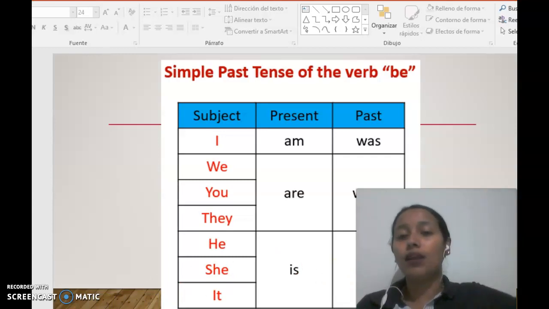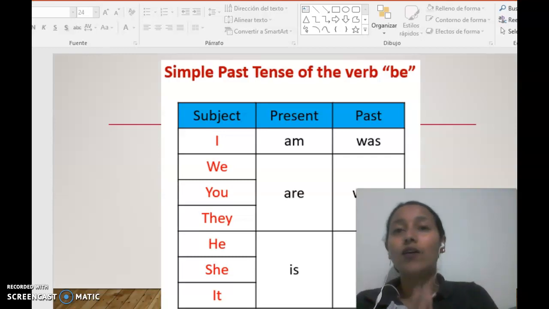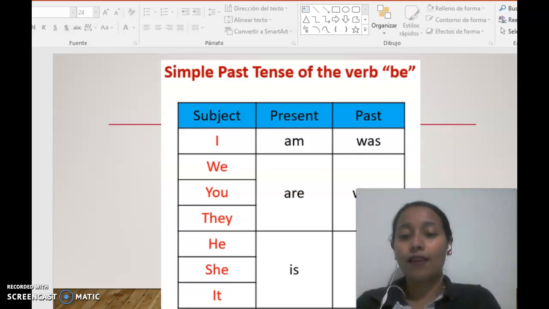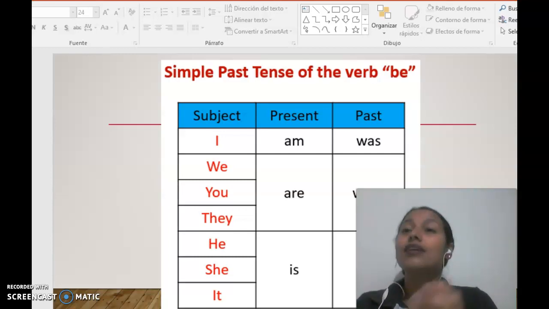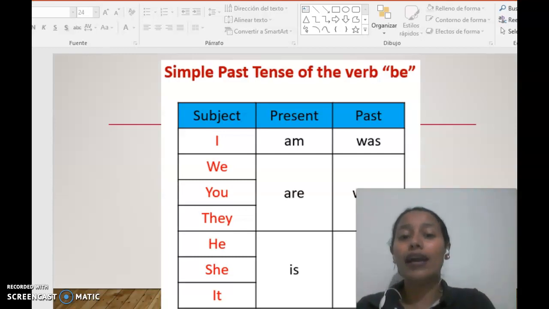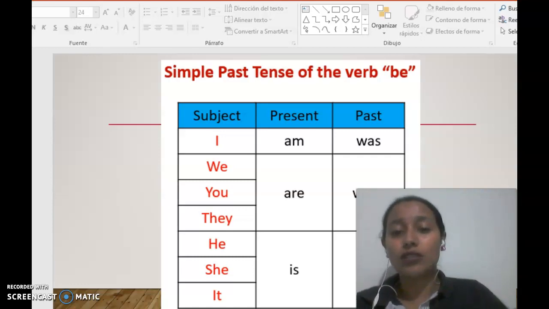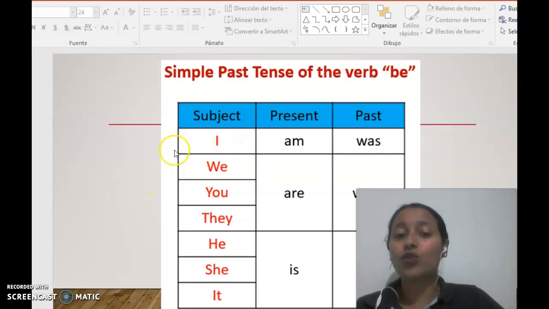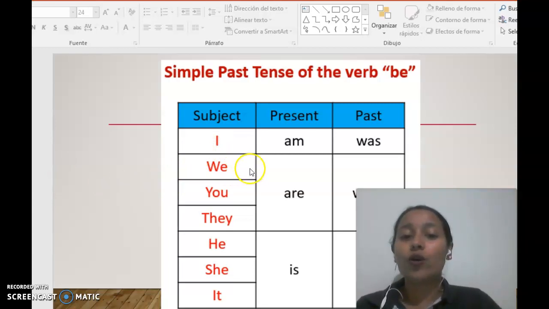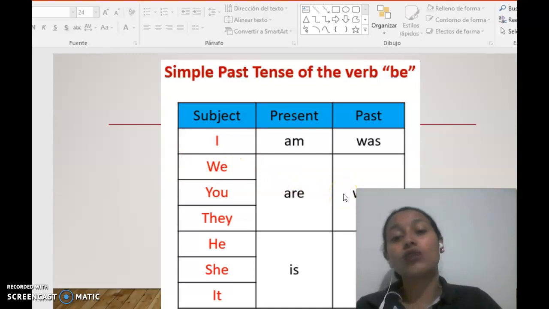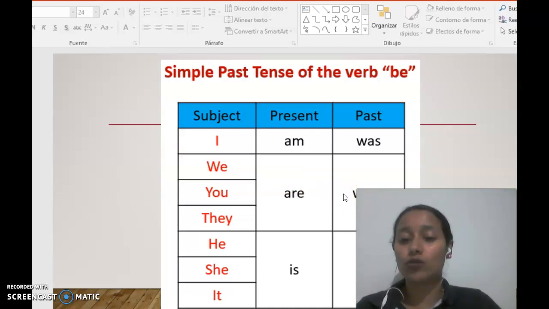So remember that the meaning of the simple present tense is ser or estar. So in this case the past is estaba o era. Entonces en este caso, si yo digo I was, significa yo era o yo estaba, porque es el pasado del verbo to be. Si yo digo we were, significa nosotros éramos o nosotros estábamos. Si yo digo they were, estoy diciendo ellos eran o ellos estaban.